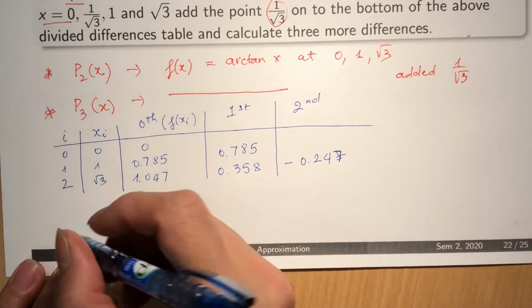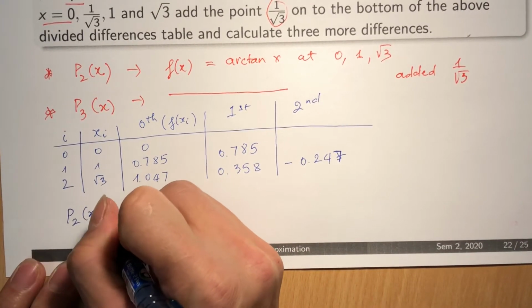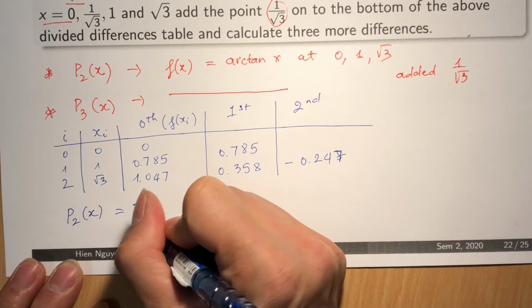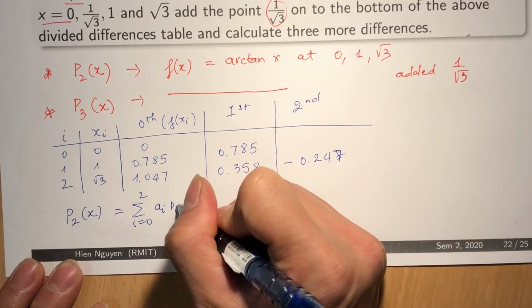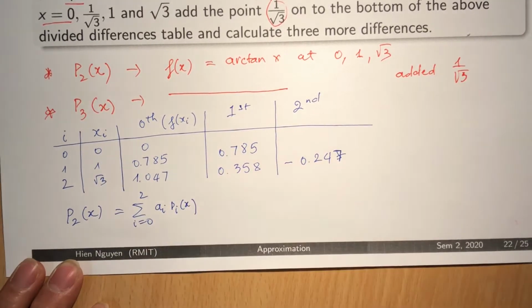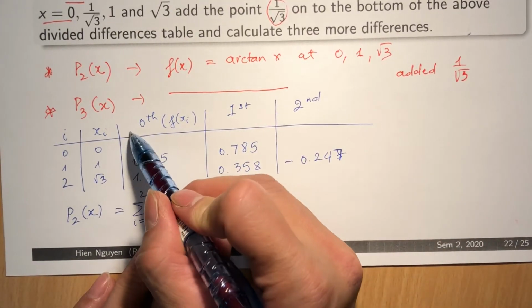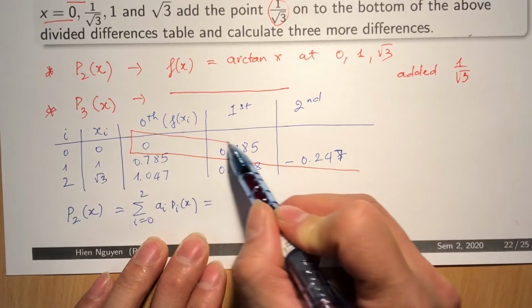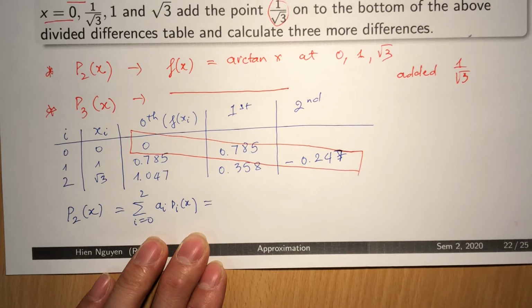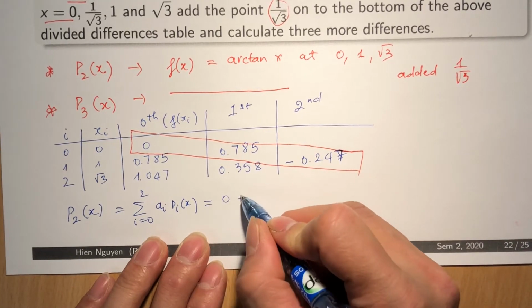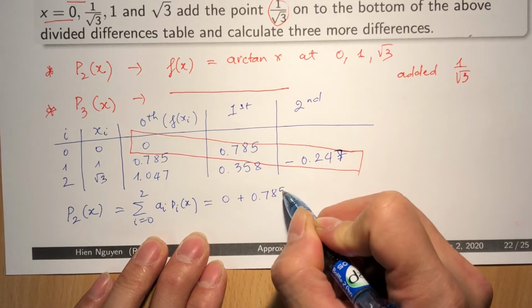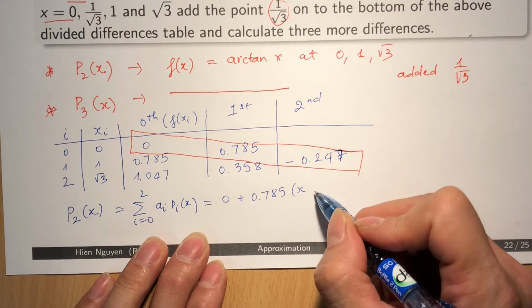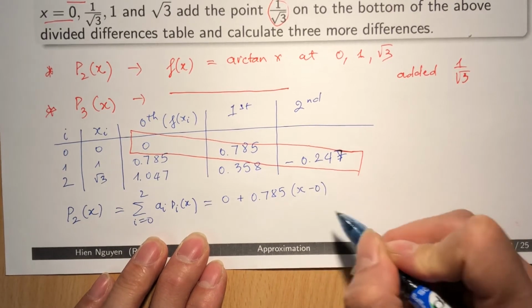So with that, P2(x) is the summation from i equals 0 to 2 of a_i p_i(x). So remember the diagonal coefficients. The first one, a0, is 0, plus a1 is 0.785 times (x minus x0), which is x minus 0.